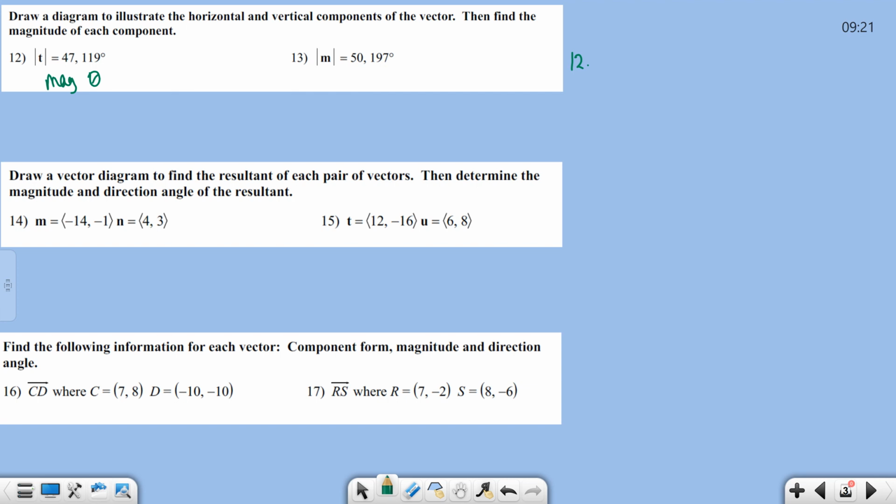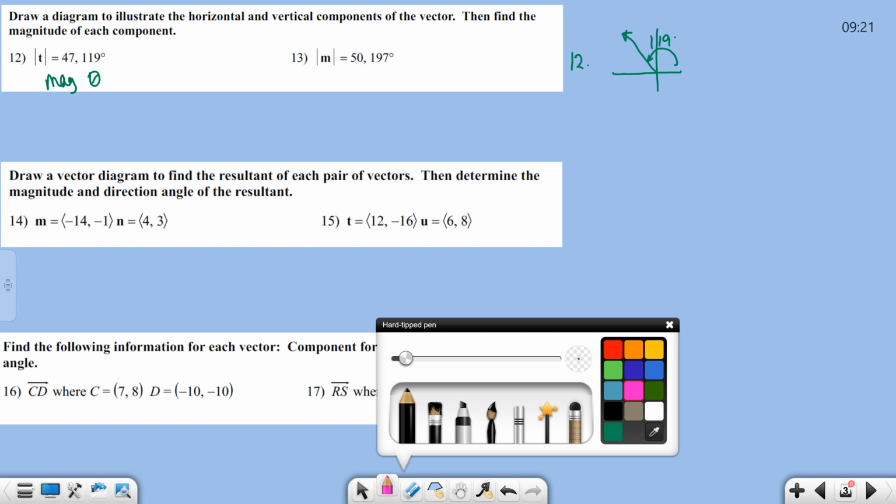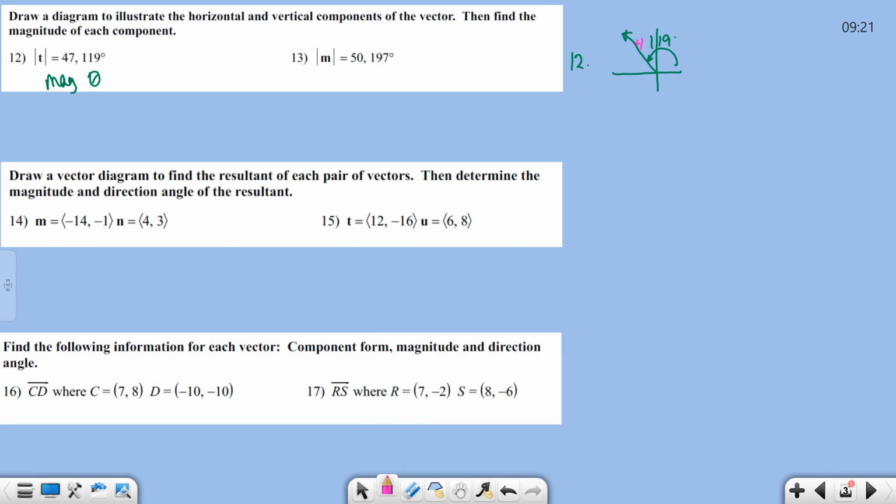So for number 12, vector T has a magnitude of 47 and a direction angle of 119 degrees. That means we are in quadrant 2 at 119 degrees. I know that its magnitude is 47. So I need to find the vertical and the horizontal components.